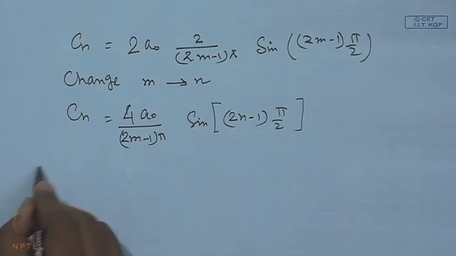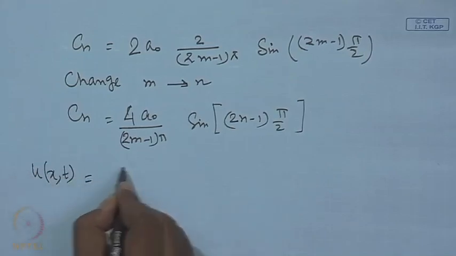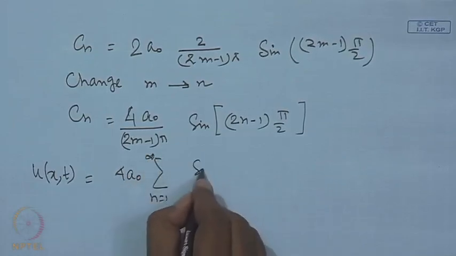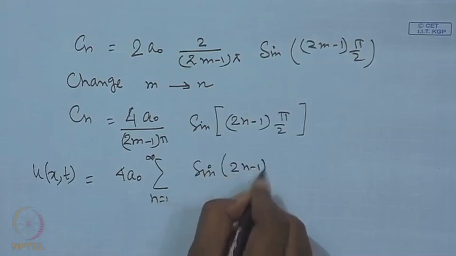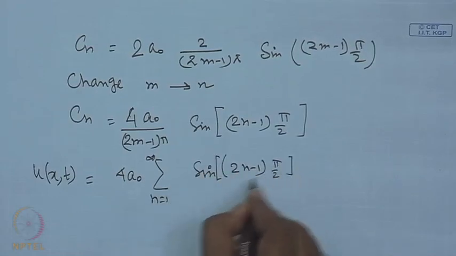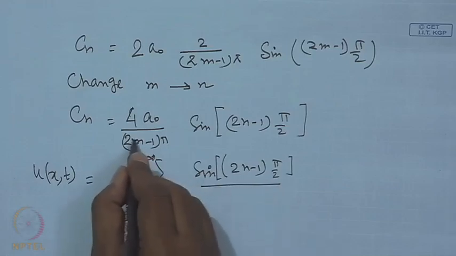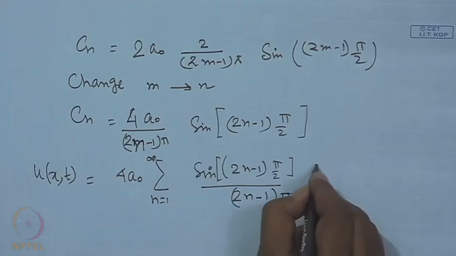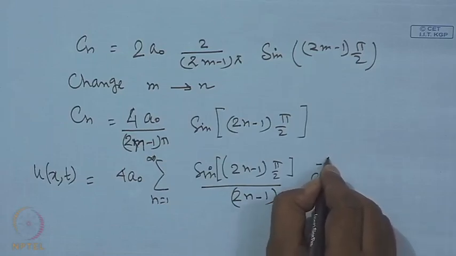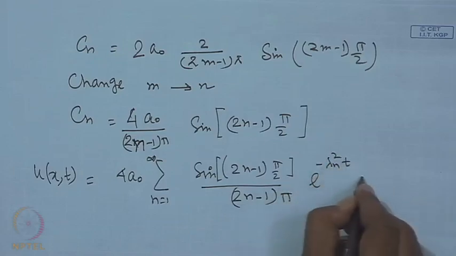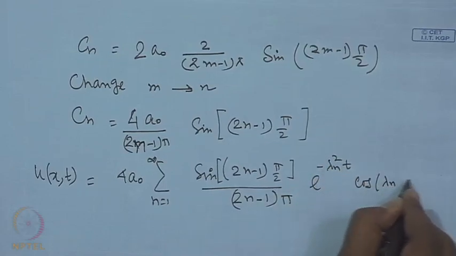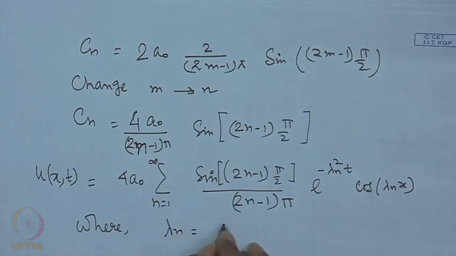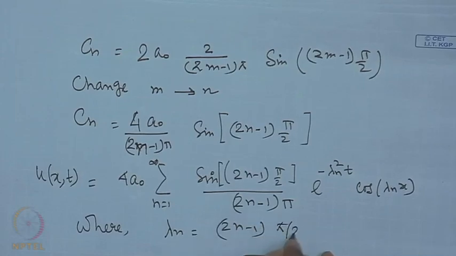So, you will be getting the complete solution, u as a function of x and t, as 4 a 0 times the summation from n equal to 1 to infinity of sin of 2 n minus 1 pi by 2, divided by 2 n minus 1 times pi, times e to the power minus lambda n square t, times cosine lambda n x, where lambda n is 2 n minus 1 pi by 2.